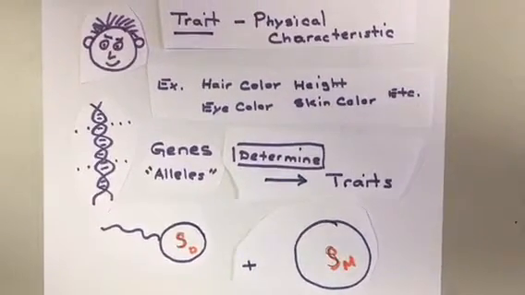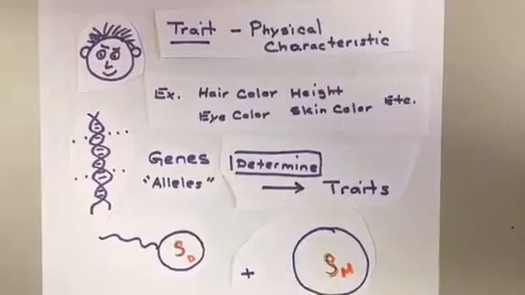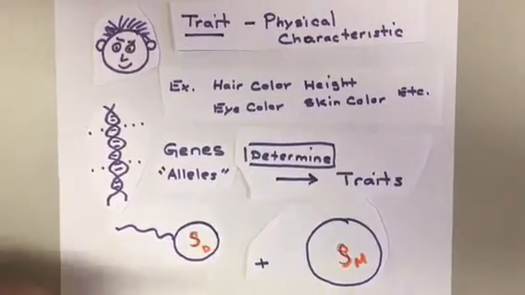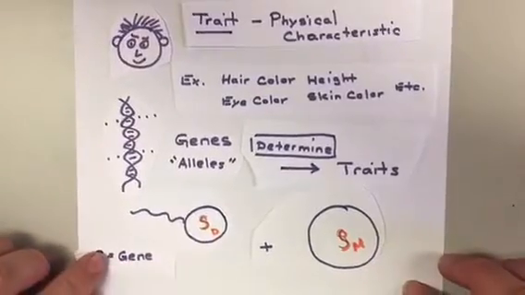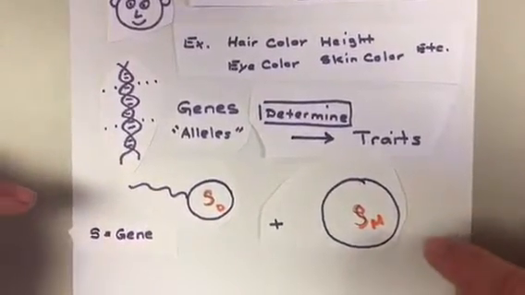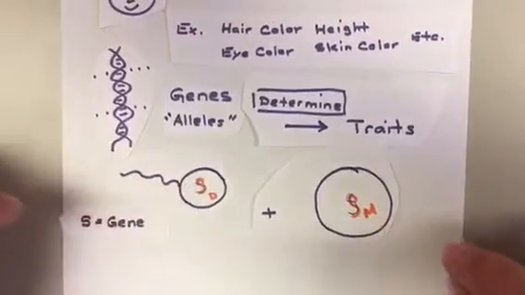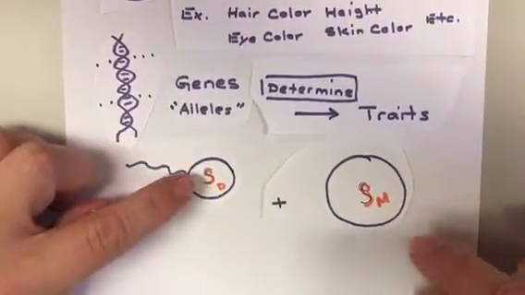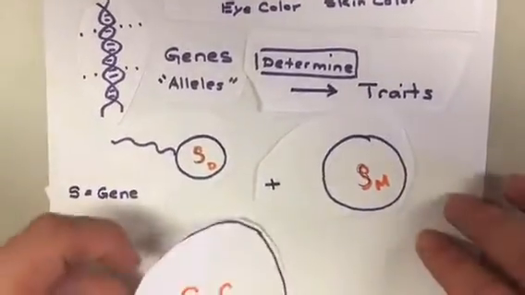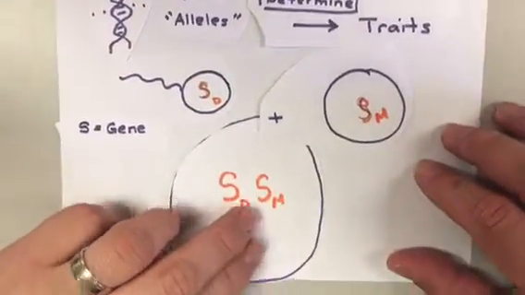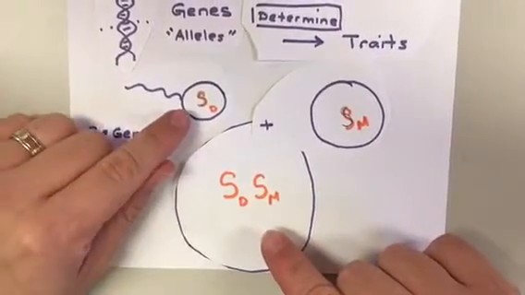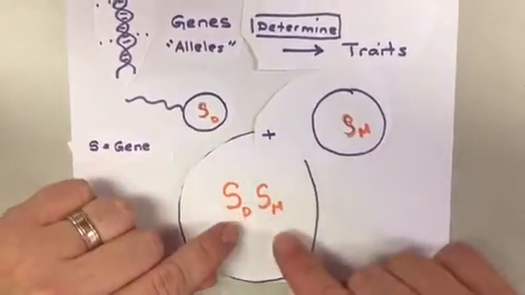Now, in biology, we often use single letters to represent a gene. So in this case, that S that you see inside the sperm and inside the egg, each one of those represents a gene. When the sperm goes into the egg, now we get a fresh new cell, but this cell now has the gene from dad and the gene from mom.